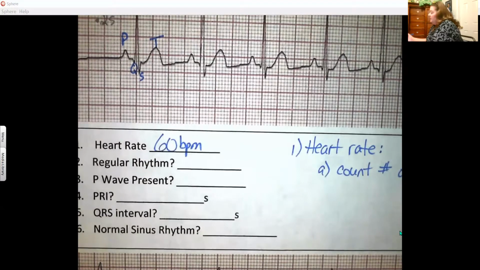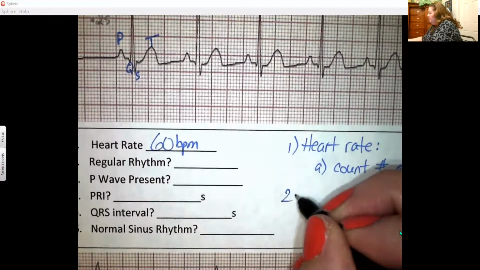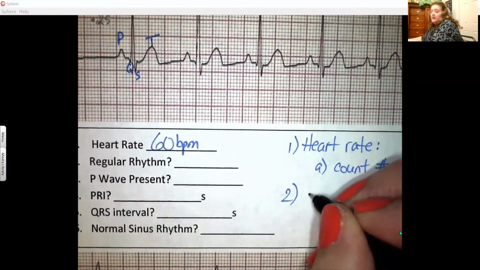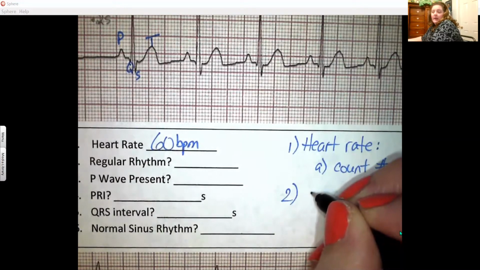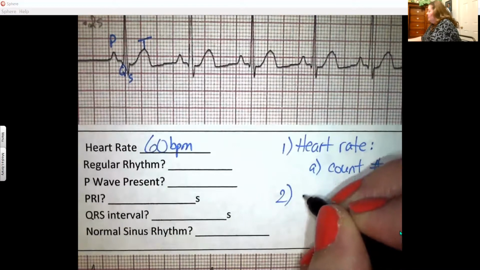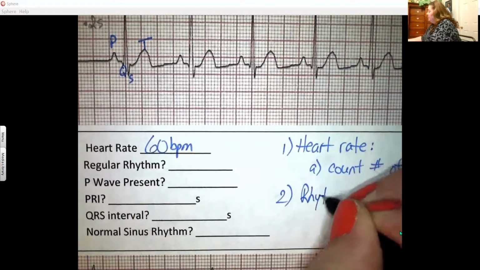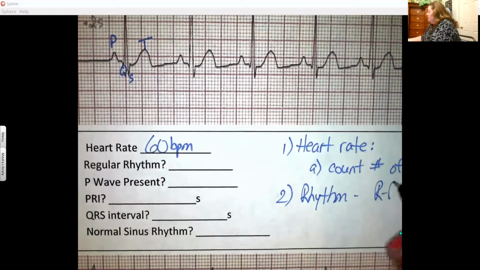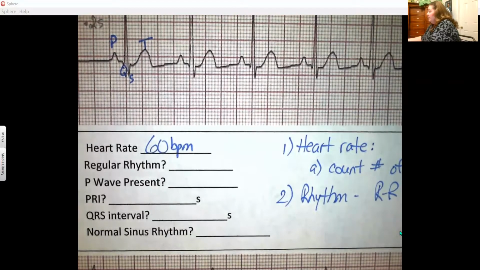Regular rhythm is our second step. For the regular rhythm, he used an index card trick, and it's a really nice trick. You might want to try that, to use the index card and lay it out on the R waves, but you can also do it by calculating. So to do that for rhythm, you use the R to R values, which vary.